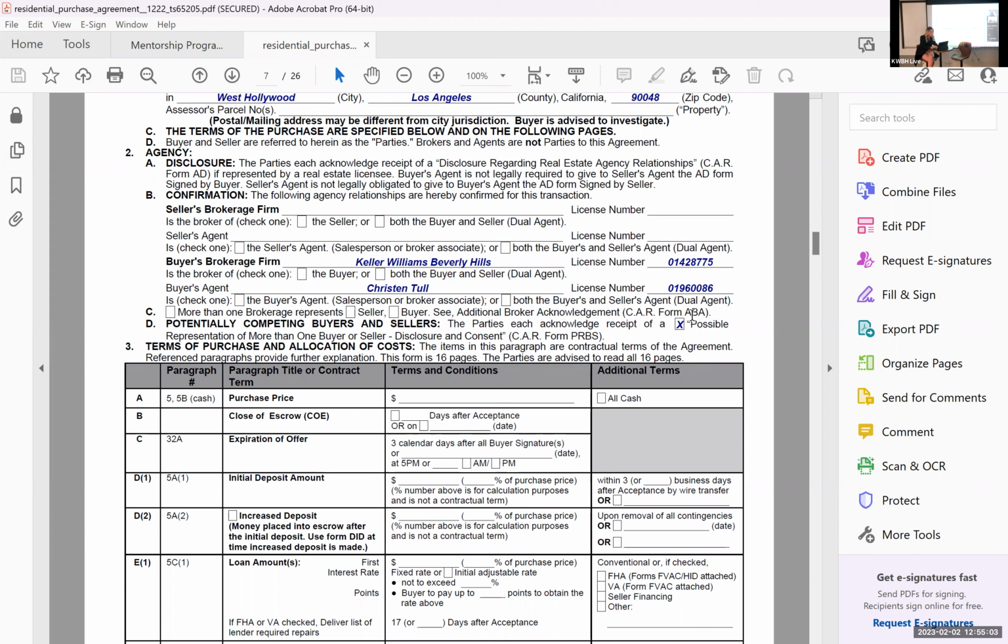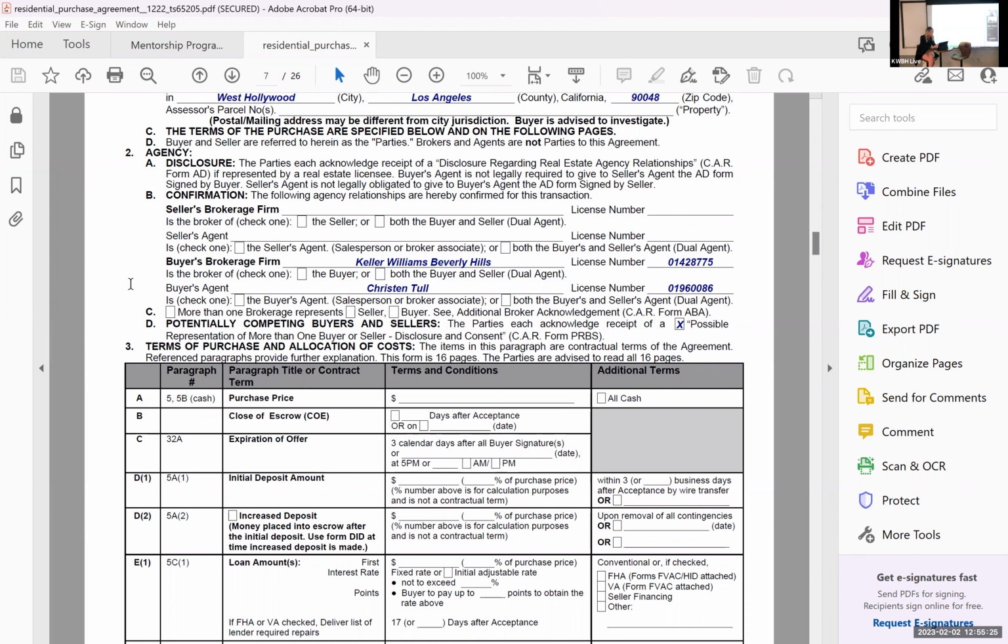And if that is the case, when you check this box, CAR form ABA, which stands for additional broker acknowledgement, is going to auto-populate so that all of the brokerage information is part of the contract and nobody misses paying anyone or responsibility or liability or anything like that. All right.